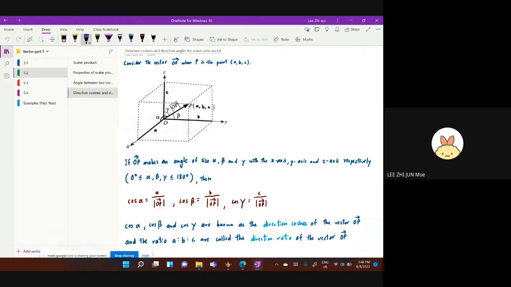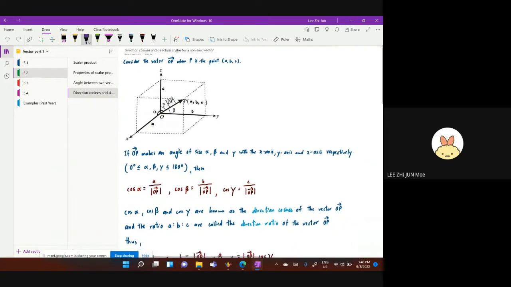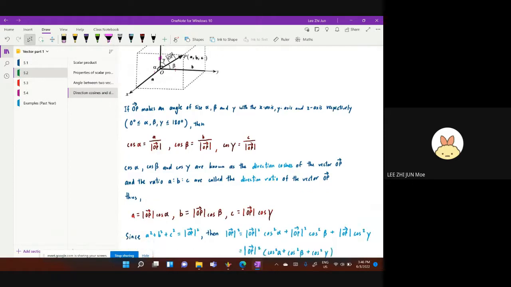If OP makes angles of size alpha, beta, and gamma with the x-axis, y-axis, and z-axis respectively, so the angles are between 0 and 180 degrees.